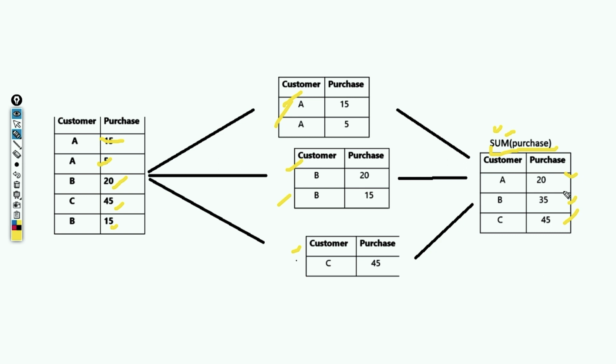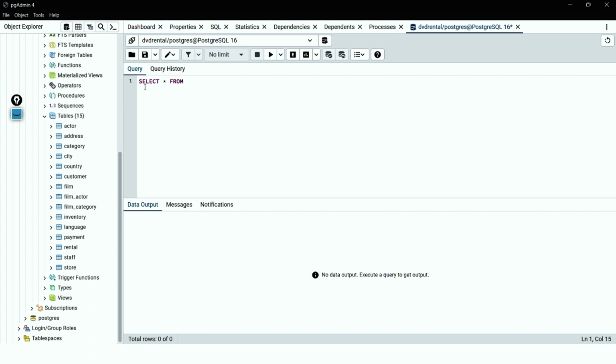So now customer A has completed purchases of $20 from the shop, customer B has completed $35 of purchases, and customer C has completed $45 of purchases from the shop respectively. This can give you the basic idea of what group by statements are. Now let's head to pgAdmin and apply some examples.